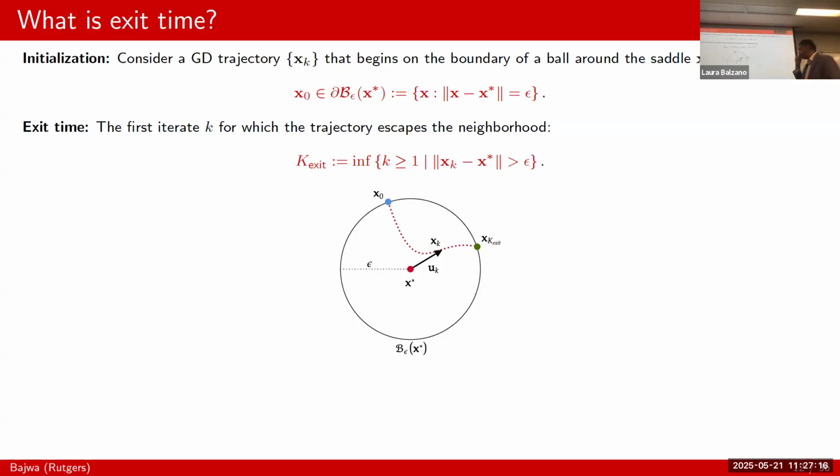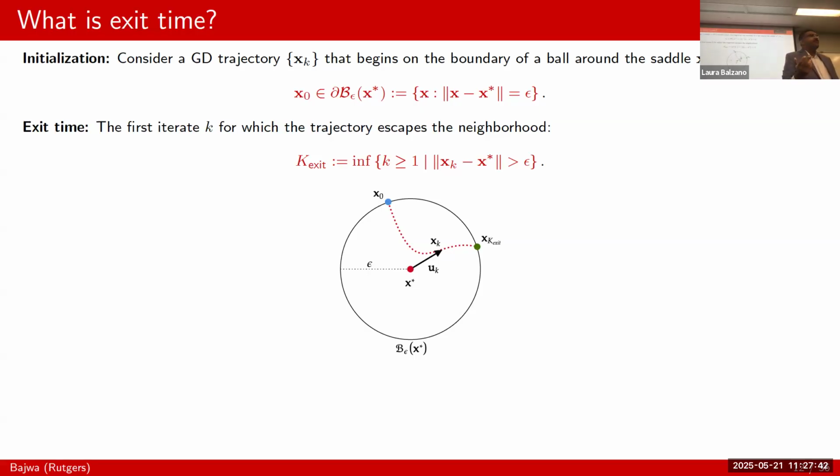So without loss of generality, you can say you even initialized at the boundary. Epsilon is the radius of the ball that you are looking at, okay? And we will always be working with this radial vector uk, which is xk minus x star. This is a surrogate for xk, because x star is fixed.